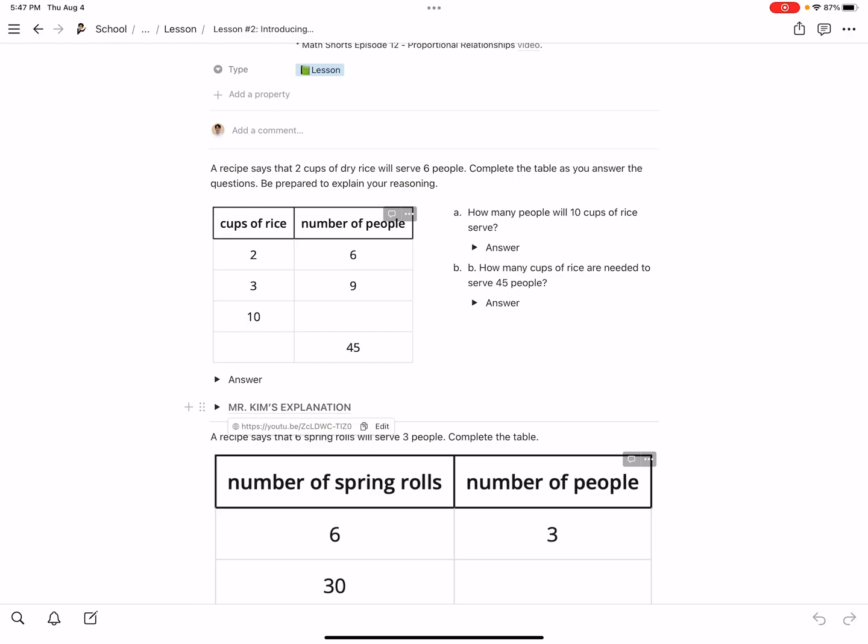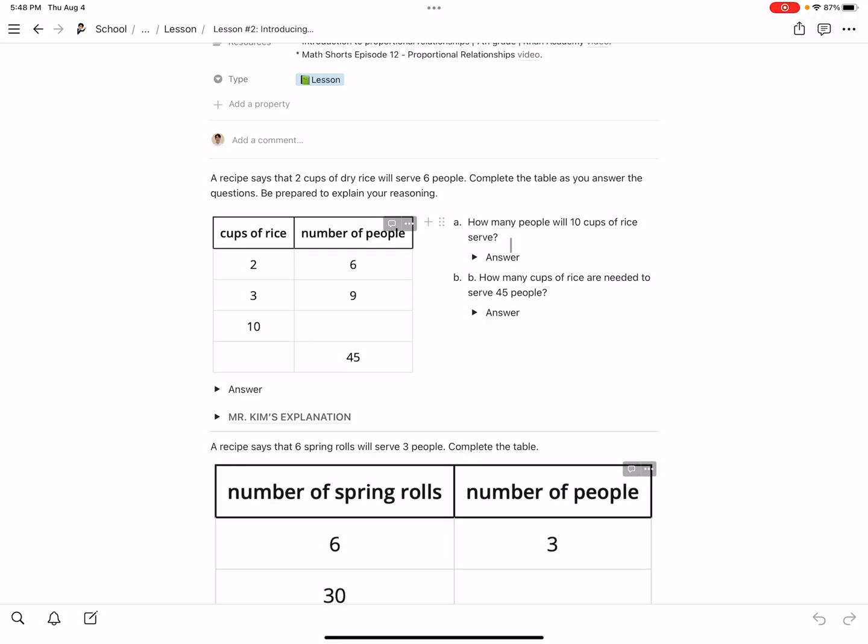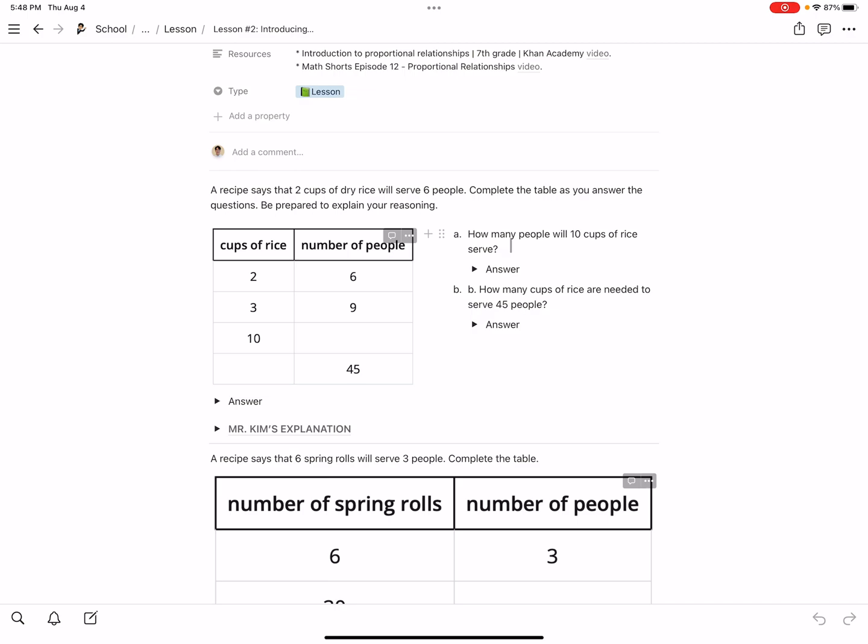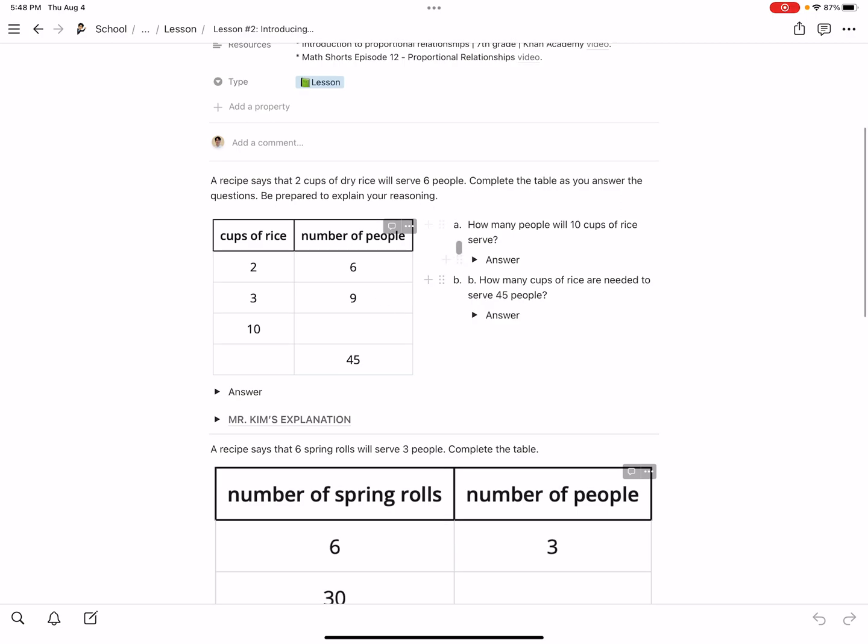You want to get to the point where you're really wrestling with the question and trying to understand it for yourself. Because anybody can click the answer and get the answer, but that's not what I'm going to be grading you on. What you'll be tested on eventually is whether you know the concept, not whether you can write things down. And so in order to understand the concept, you're going to have to wrestle with it.